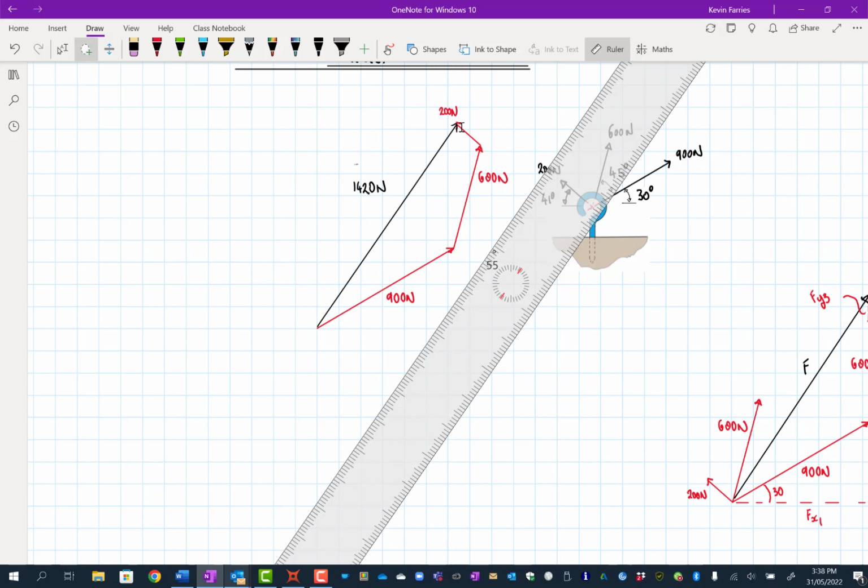I better put that in green because it's just an approximation. And the angle is around 55 degrees. So it's about 55 degrees. I'm going to move this out of the way in a minute. Oh no, that's okay, I'll just leave it like that. So that's cool.